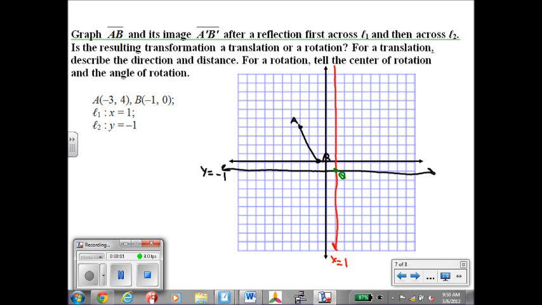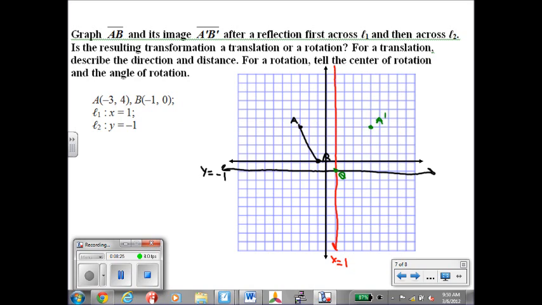We need to reflect it across L1, which is x equals 1, this red line, which is kind of nice because it's a straight line. It makes it real easy for us to figure out what's going to go across. So A is how far away? 4, right? 1, 2, 3, 4. So this will be our A prime.